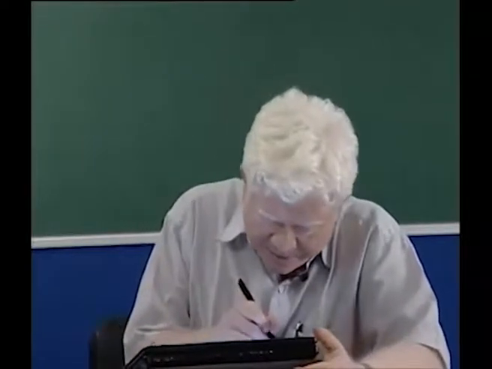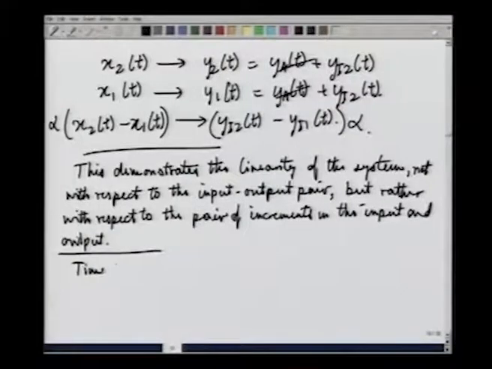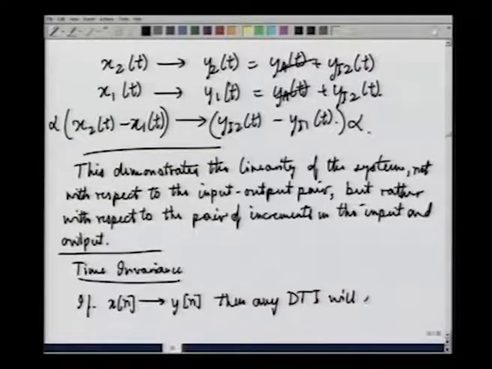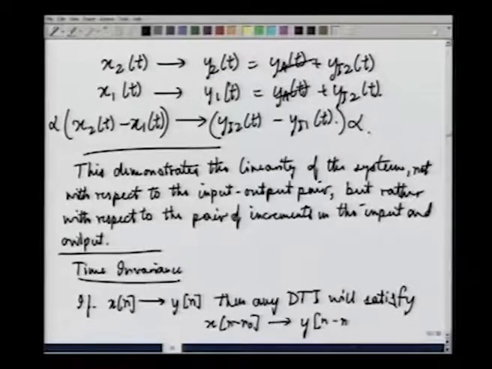So, if x n yields output y n, then any discrete time invariant system will satisfy: x n minus n naught must yield y n minus n naught.